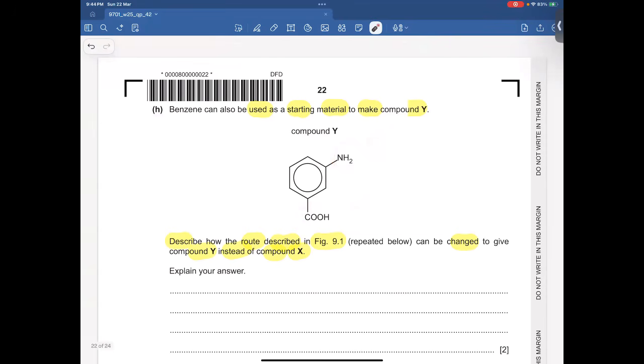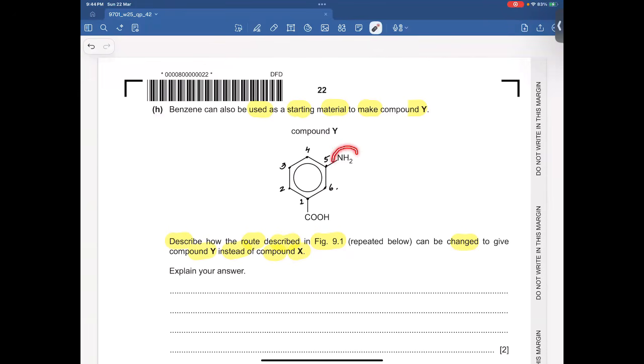For instance, COOH was the first group attached to the benzene ring. So I'm going to use this carbon as the first carbon, second, third, fourth, and this one is fifth, and this one is sixth.